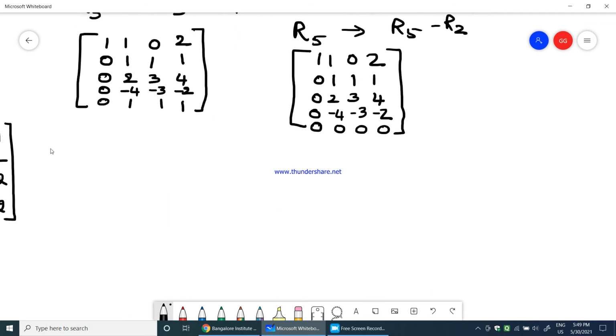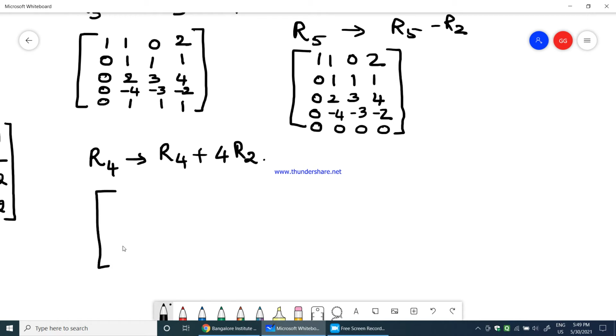Okay, next what I do is I'll take R4 equal to R4 plus 4 times R2. Let me see that.